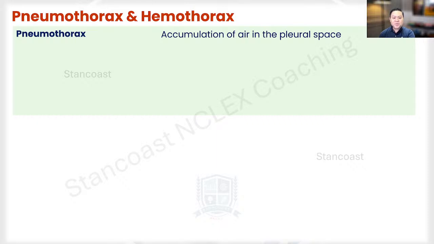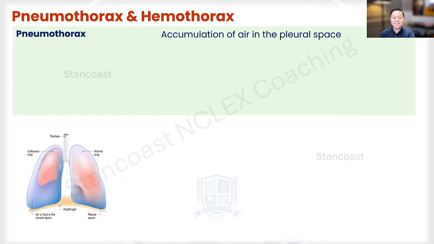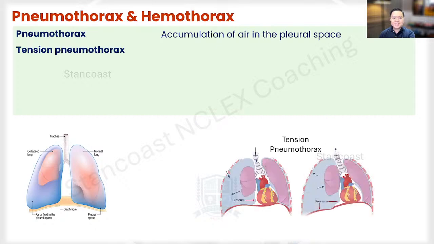Now there's also the term we call tension pneumothorax. So what is tension pneumothorax? This basically happens when air enters the pleural space during inhalation through a one-way valve, and cannot exit during exhalation.